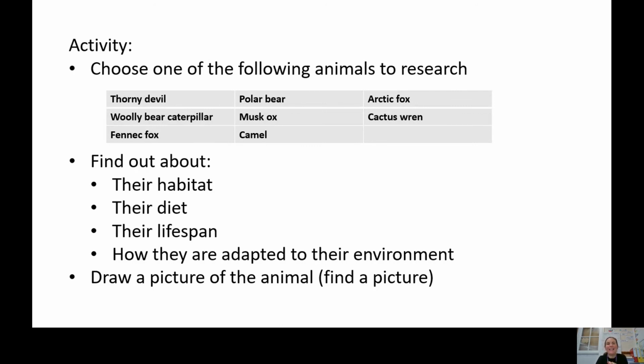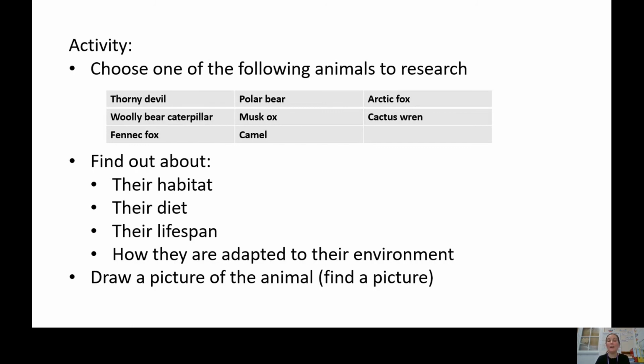I would be particularly excited to see you research an animal that you maybe don't know very much about, because I'm sure quite a lot of us know about the adaptations of a camel or a polar bear, but I, for one, do not know very much about the adaptations of a thorny devil. So I would definitely be excited if you were able to do some research on maybe an animal that you haven't really looked at before.